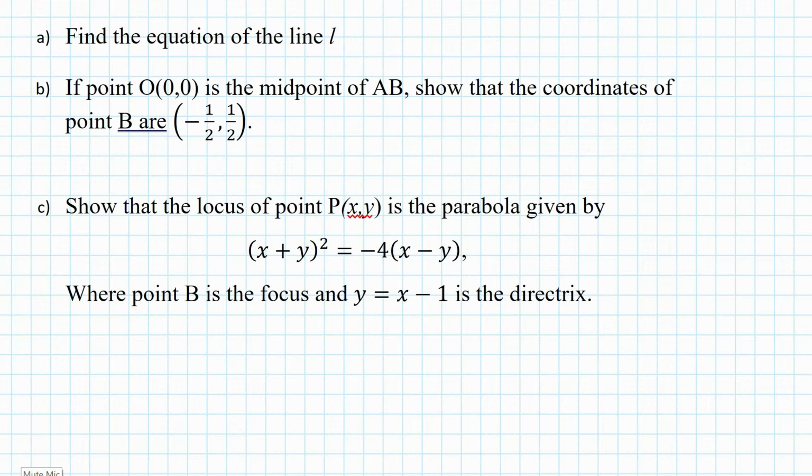Now part C. Show that the locus of point P is given by this equation here. In other words, we need to find the locus of P, where point B is the focus and y equals x minus 1 is the directrix.